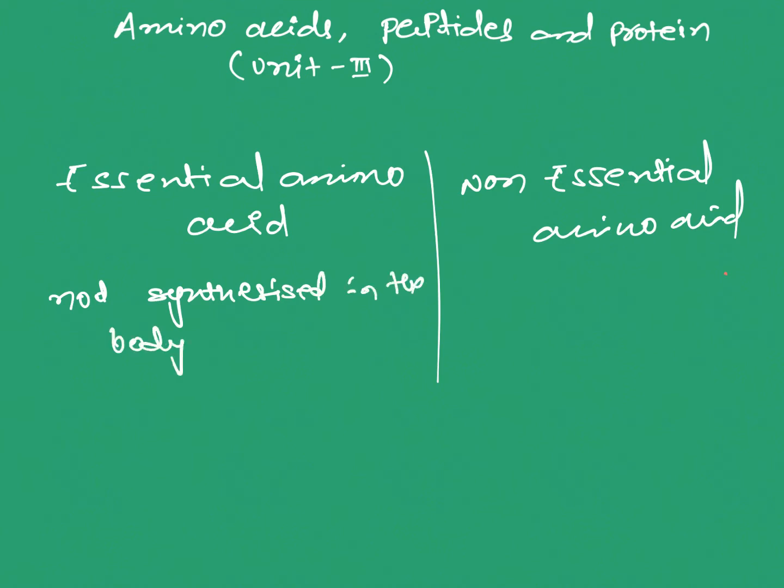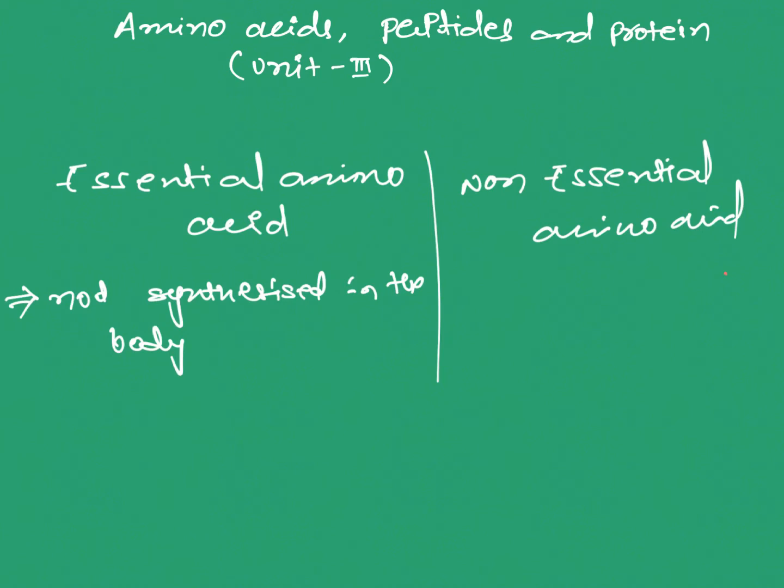We have to take these amino acids in the diet, supplied through food, and we call them essential amino acids. They are essential for the human body, but not synthesized by the human body. That's why they are called essential amino acids. Another one, non-essential amino acids, can be synthesized by the human body.